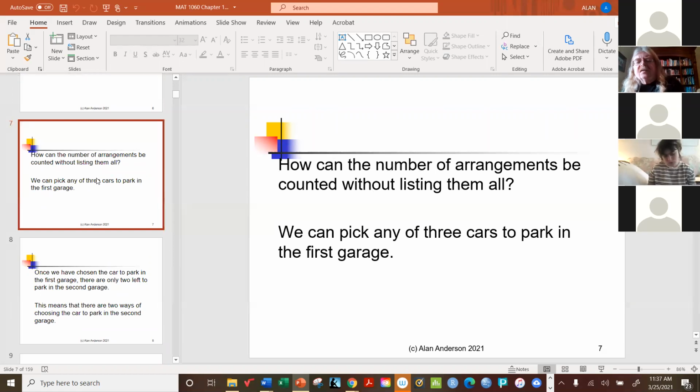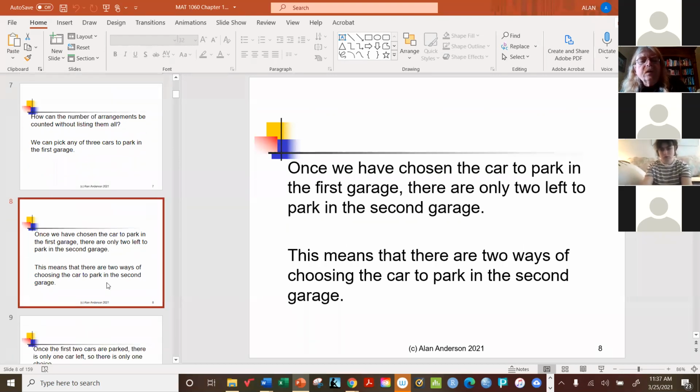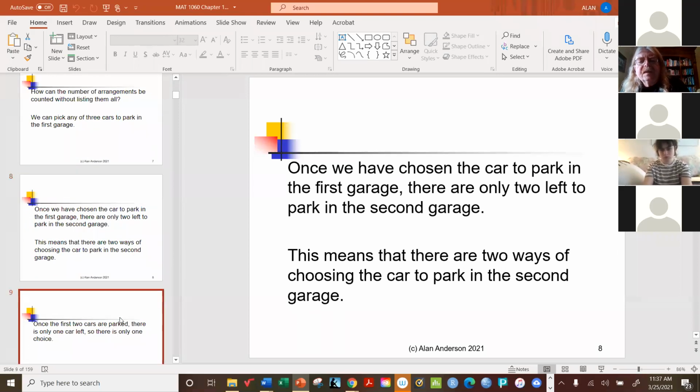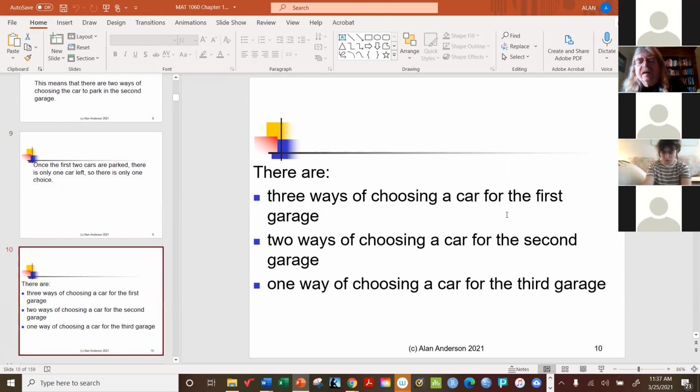So anyway, back to the car example. In the first garage, we have 3 different cars to choose from. For the second garage, there are only 2 cars left, so we have 2 choices. And for the third garage, there's only 1 left, so we only have 1 choice. So here's a summary of the number of ways we can park the cars: 3 ways for the first car, 2 for the second, and 1 for the last one.